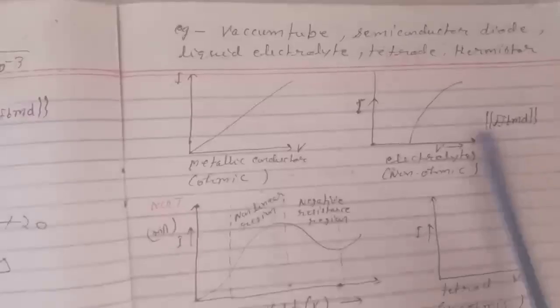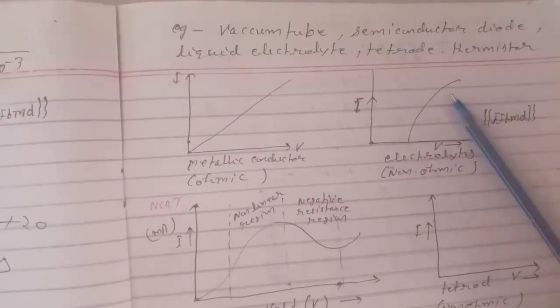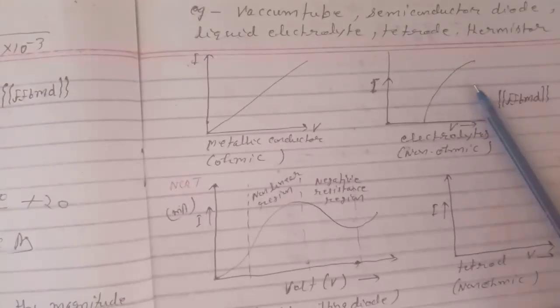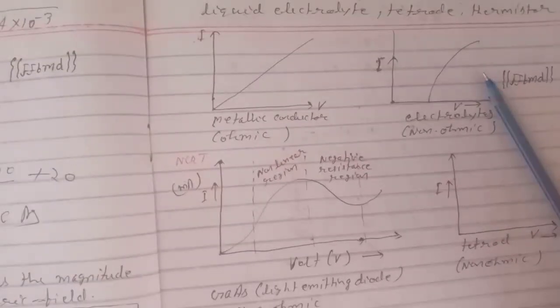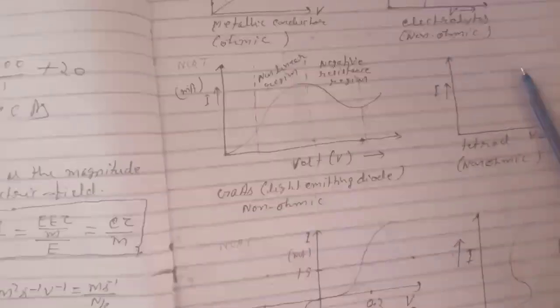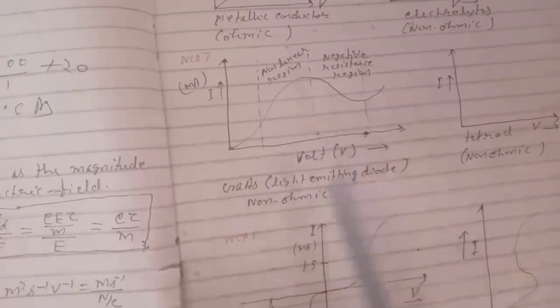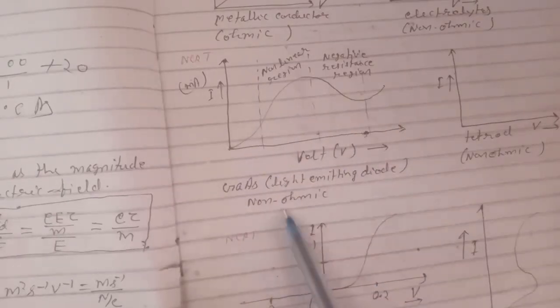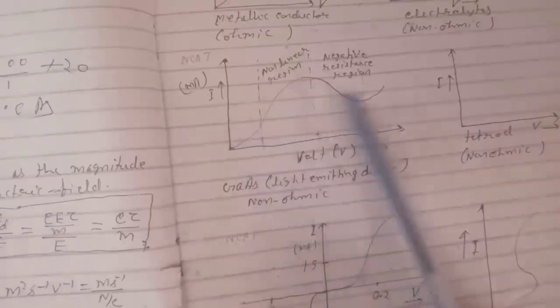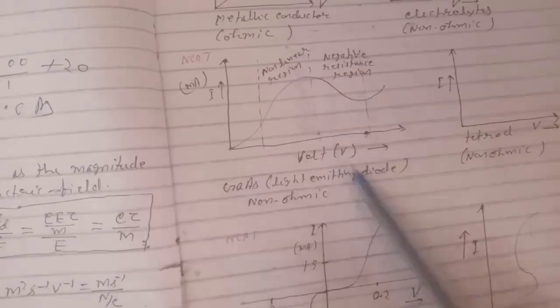Now for electrolytes, the graph is like this. This is not a straight line, so it is a non-ohmic conductor. It is also a conductor but non-ohmic. And here it is a semiconductor light emitting diode, non-ohmic. The variation of current and voltage is shown here.